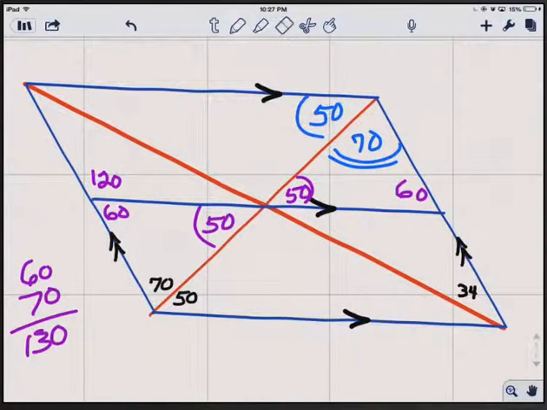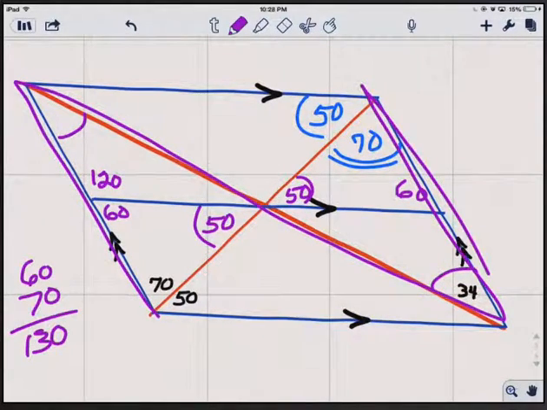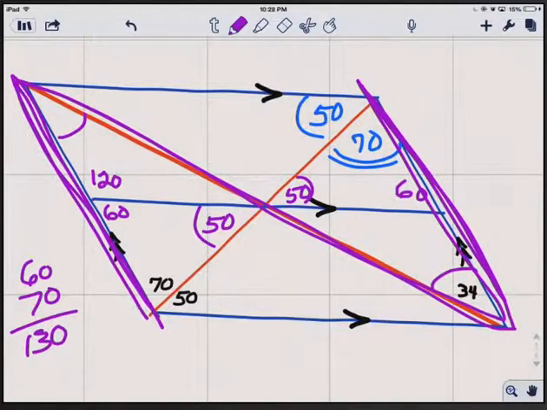Let's look at this 34 degree angle. That angle and this angle over here are alternate interior angles formed by two lines and a transversal. So therefore they have to be equal to each other. So if this angle in the bottom right is 34, this angle in the top left part of the diagram is also 34. Alternate interior angles are congruent.